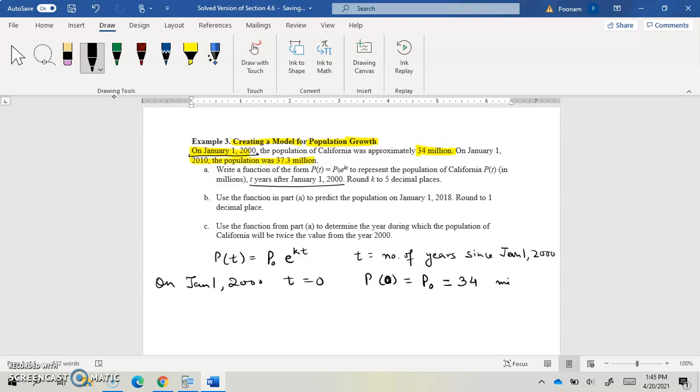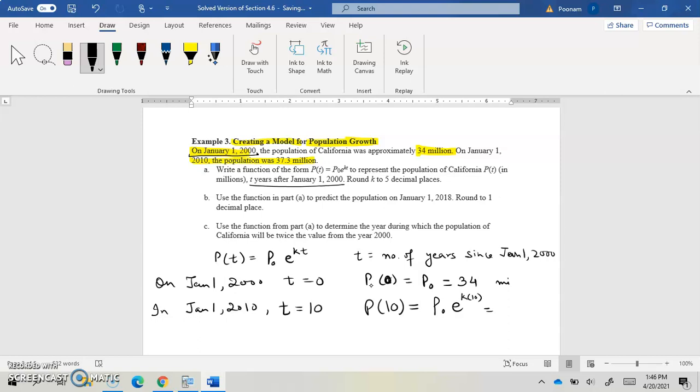Okay. Now, on January 1st, 2010, how many years has it been since 2000? That is 10. So t is the number of years since January 1st, 2000, and that would be 10 years. So the population at t = 10 will be P naught times e raised to power k times 10.